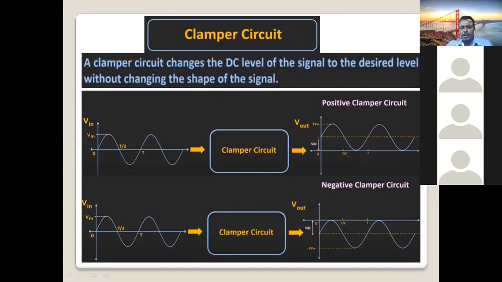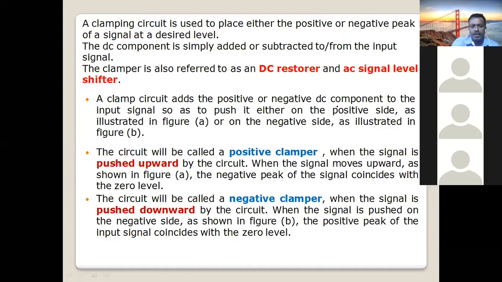Okay, there are actually 3 types of clampers, but for the time being, let's discuss two types. Clampers can be of two types: positive clamper and negative clamper. So what does positive clamper mean?